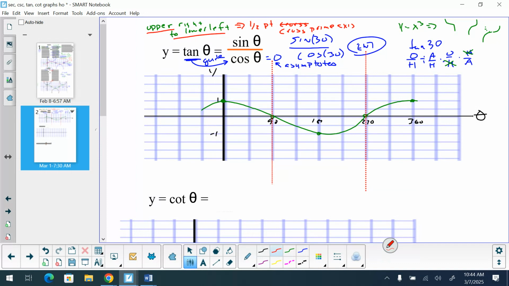My halfway point between 90 and 270, here's our halfway point right here. And we go from upper right to lower left. Once again, rather than do it with a parabola that would turn and go back upwards, we just turn it and go the other way to make it a cube function, an asymptotic cube function.